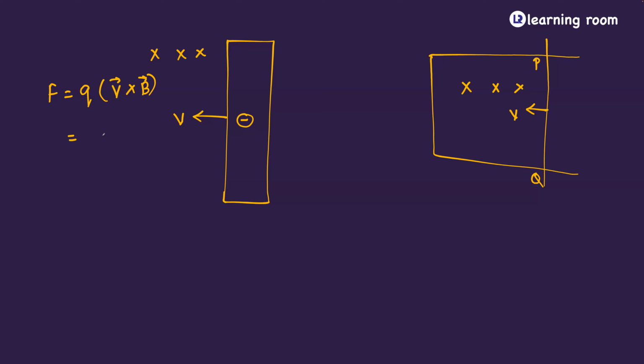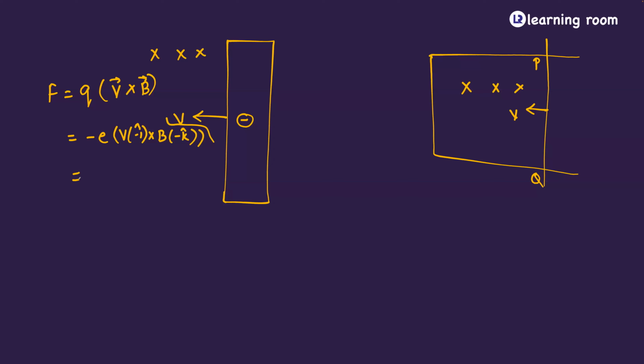So Q is going to be minus e, and the speed of the particle is V, but since it is in the leftward direction, it is going to be minus i cap, cross B, which is into the plane, so I'll write it as B of minus k cap. Am I clear with this? So minus of minus here is going to be plus.